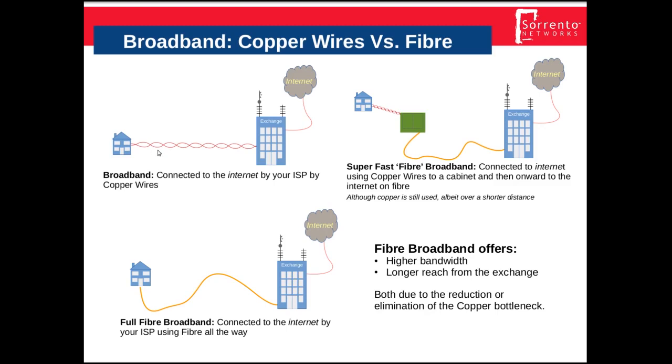So in each of these three cases, we have first of all copper, then copper with a bit of fibre, and then fibre all the way in so-called full fibre broadband, and that is the three examples of broadband connectivity delivered in that way, and they increasingly reduce the significance of the copper bottleneck.